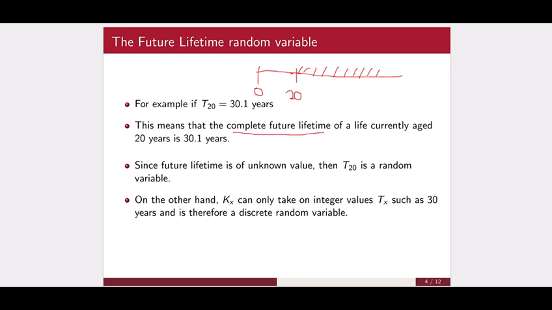But we don't know for sure that this person will live for 30.1 years from the age of 20. That is what makes T20 a random variable. Now, since the curtate future lifetime of this life can only take on integer values, for this example, K20 would only be 30 years.